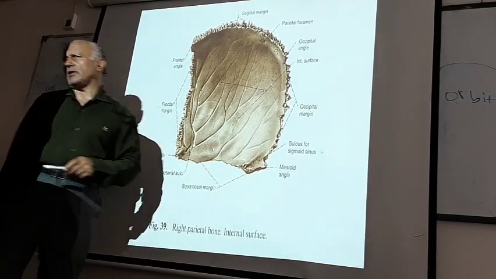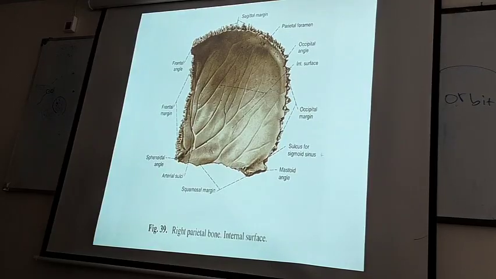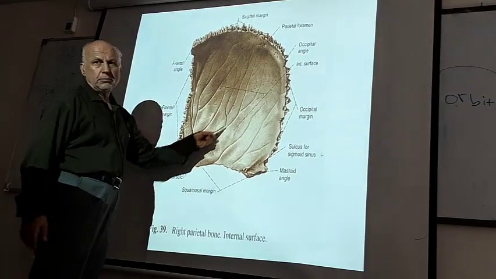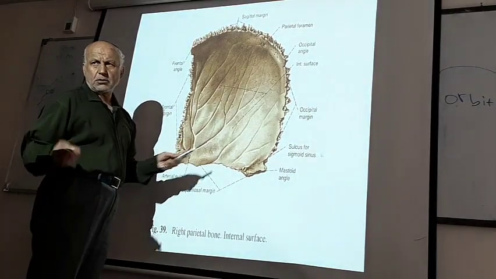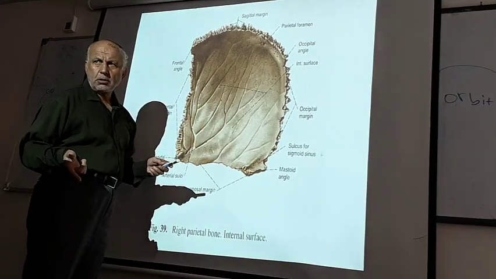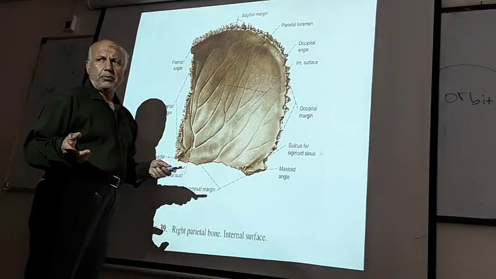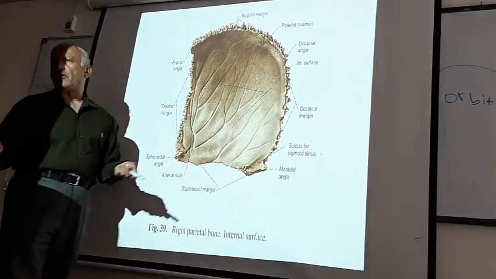In the practical exams, we point here. You must write on your sheet arterial sulcus. But a student wrote right here parietal bone. Don't do that.